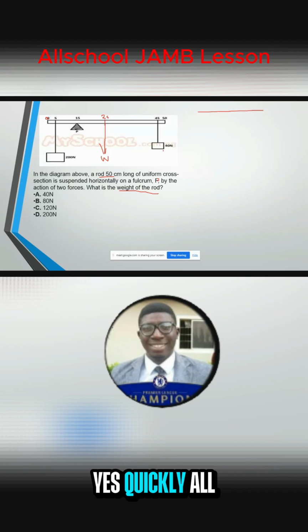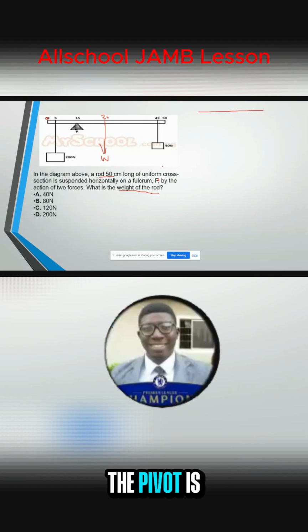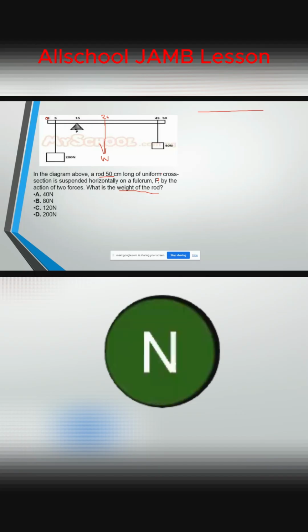Quickly, all roads lead to where? The pivot. Where is the pivot? You notice that the pivot is at 15. So we draw our arrow to the pivot. 40 Newton, clockwise or anti-clockwise? Clockwise.